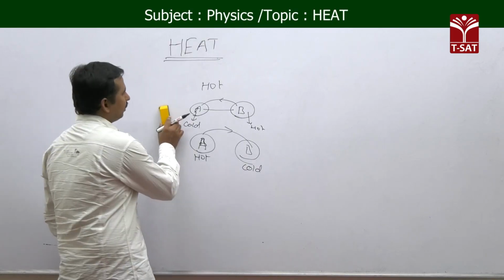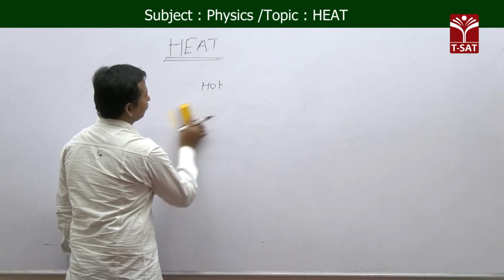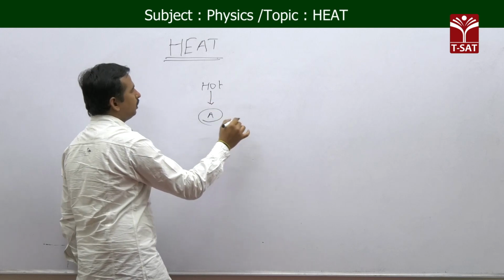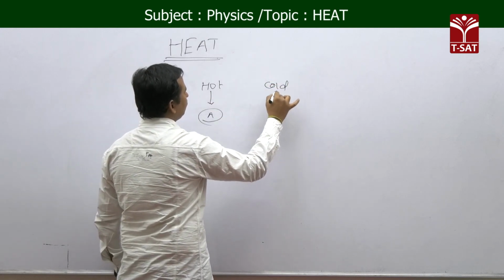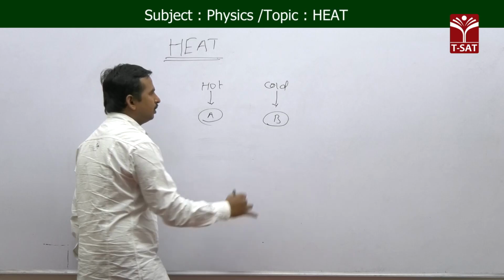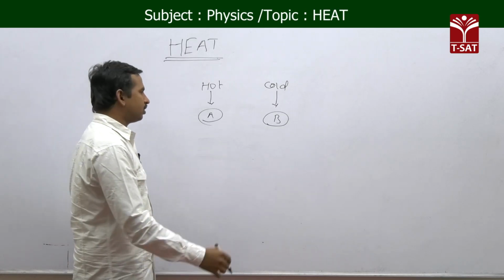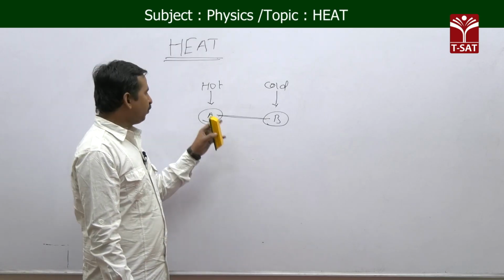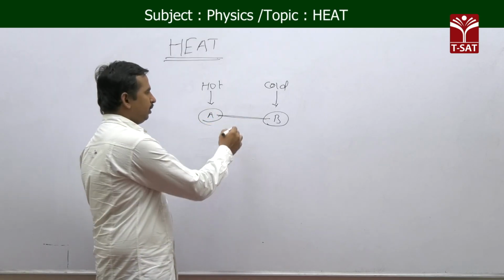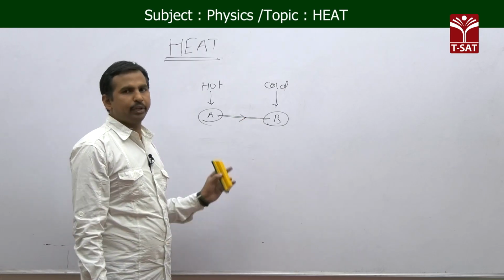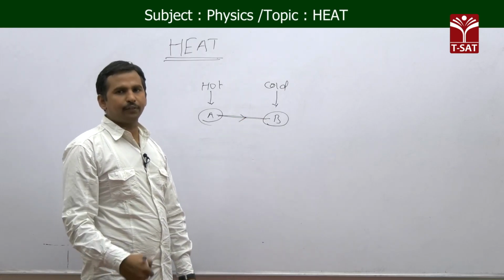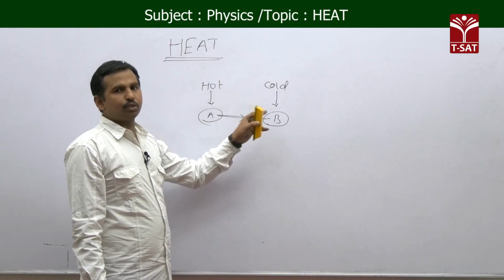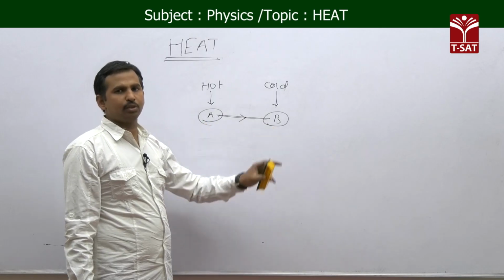For example, let us take body A, which is a hot body, and body B, which is a cold body. Whenever both bodies are in contact, heat flows from body A to body B. After some time, gradually this flow of heat energy from A to B stops.